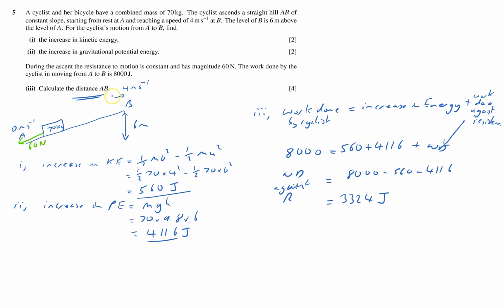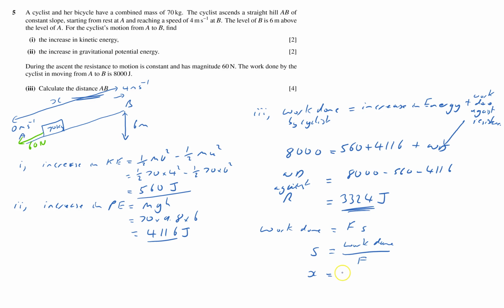I want to work out the distance AB, so all the way from A up to B. We'll call it X, and I know that the work done equals the resultant force, or the force, times the distance. And the distance here is X, so X equals the work done over the force.